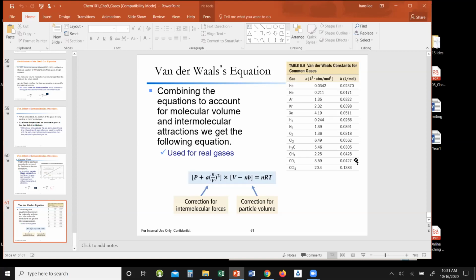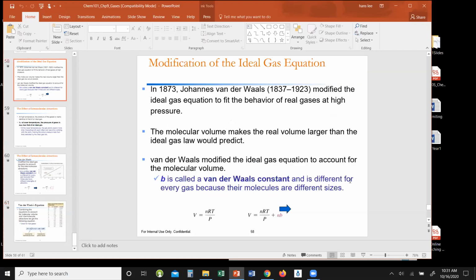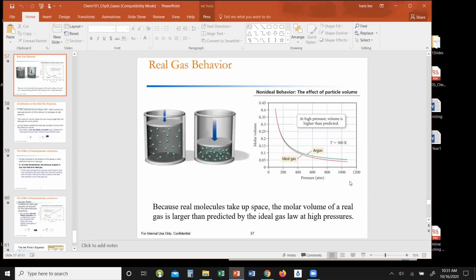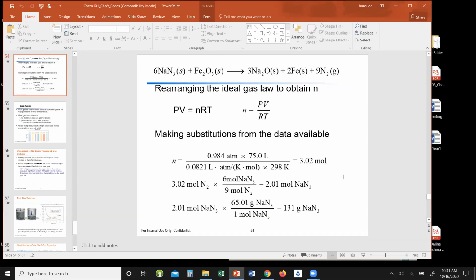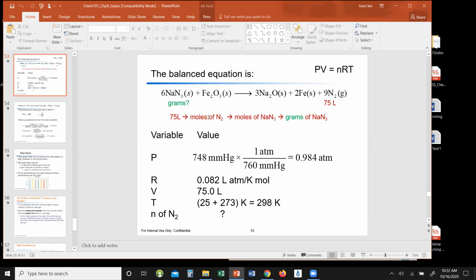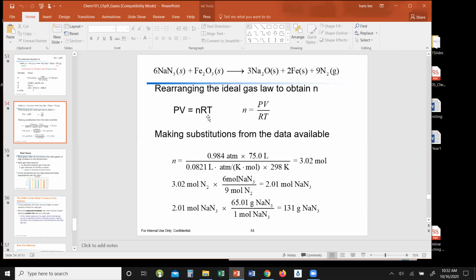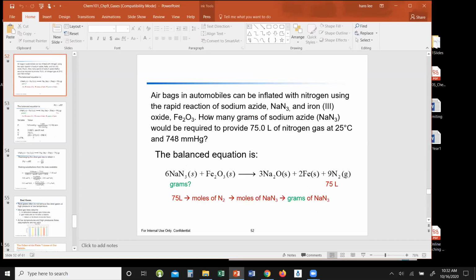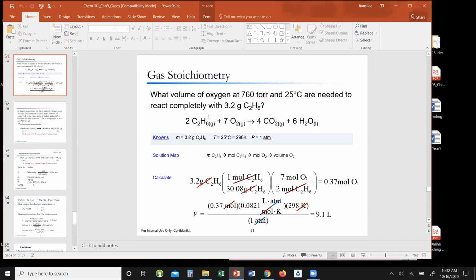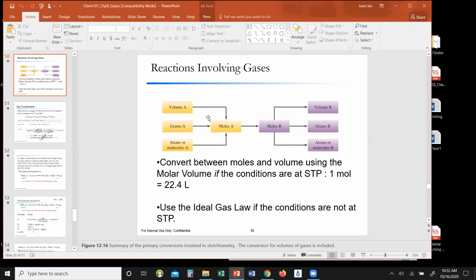Mhm. And what was our other constant? Oh, an R. That is R. Oh, okay, so 0.0821, that is R. Yep. And then what's the other constant? That's it. Oh, okay, everything else is either given or we solve for it. Yep.